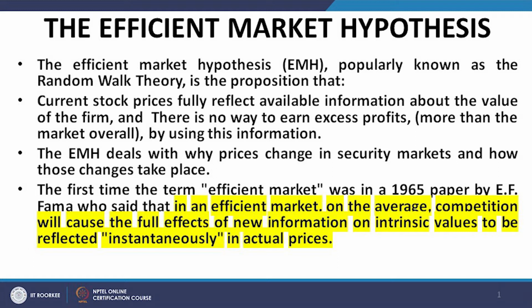So, the efficient market hypothesis deals with why prices change in security markets and how those changes take place. The EMH was first propounded in 1965 in a paper by Professor E. F. Fama. Fama described it as: in an efficient market, on the average, competition will cause the full effects of new information on intrinsic values to be reflected instantaneously in actual prices.